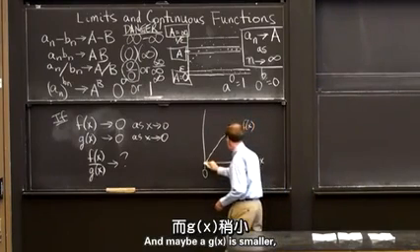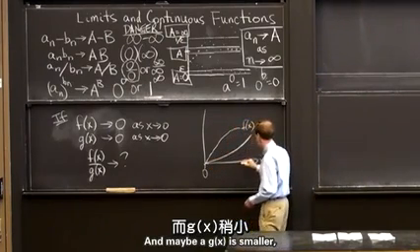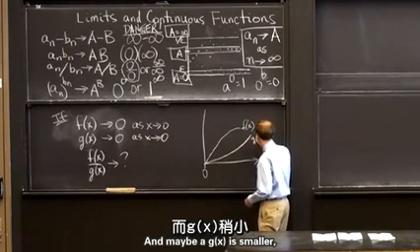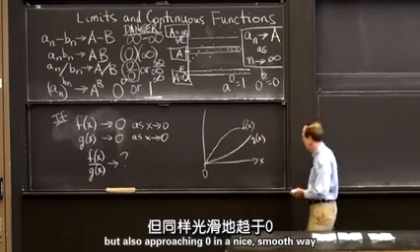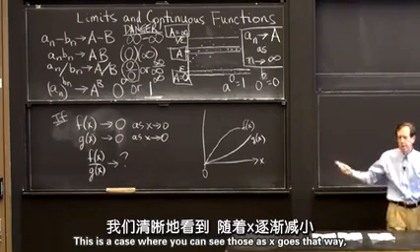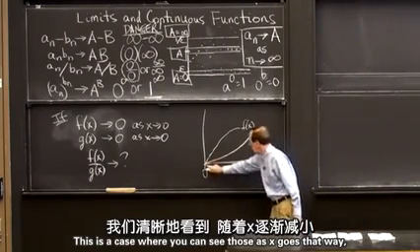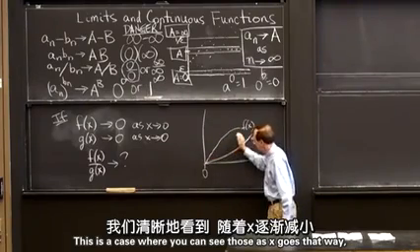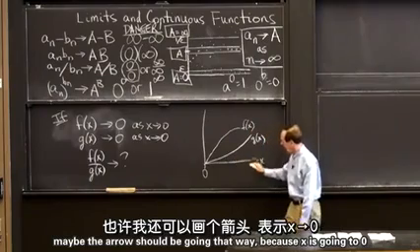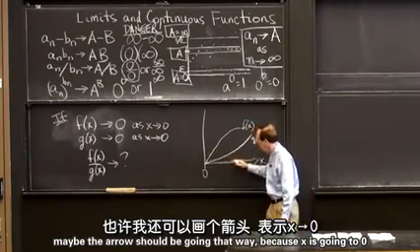And maybe a g of x is smaller, but also approaching 0 in a nice, smooth way. This is a case where you can see those, as x goes that way, maybe the arrow should be going that way because x is going to 0.